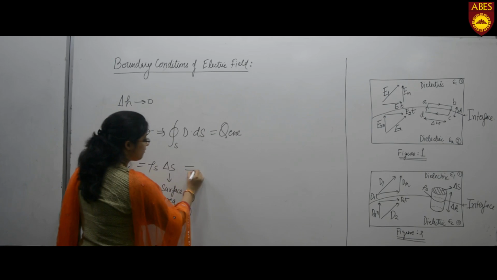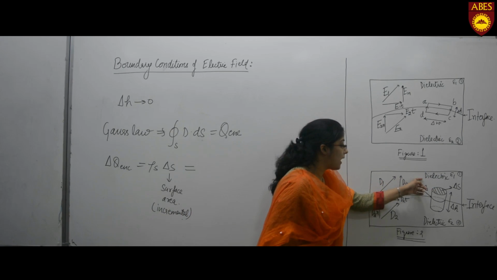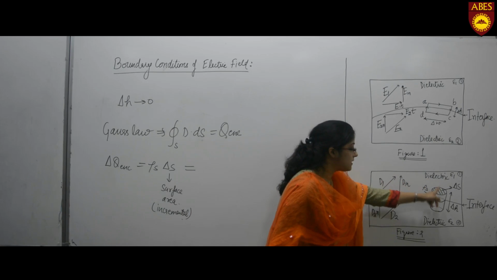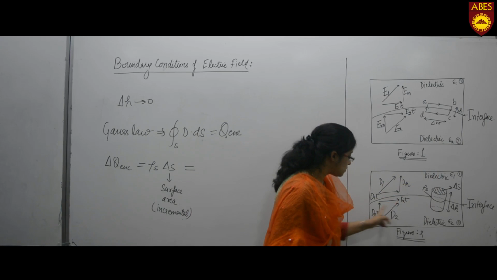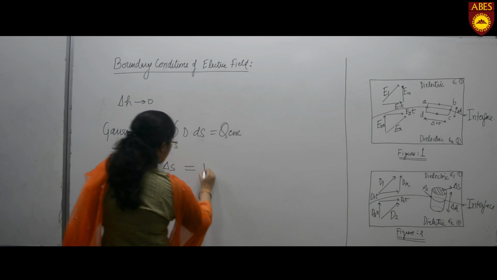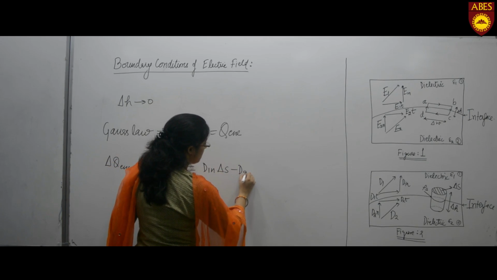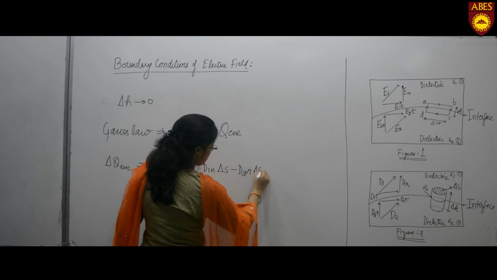Now for this case, what I have to apply over here? I have to apply that D1n will be in this direction, and for this case D2n will be in the opposite direction of this. So the equation will become D1n del s minus D2n del s.